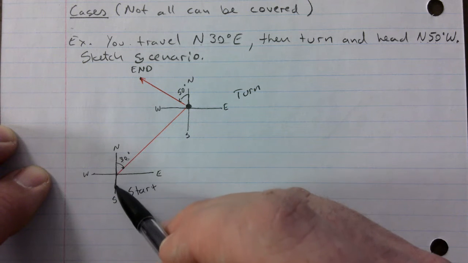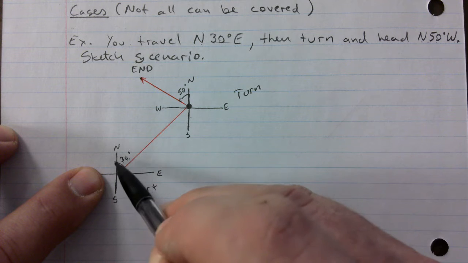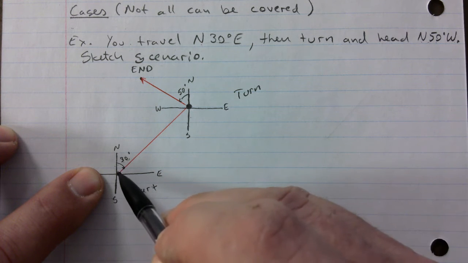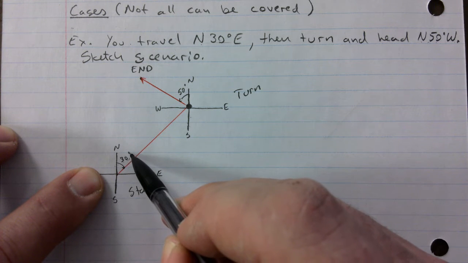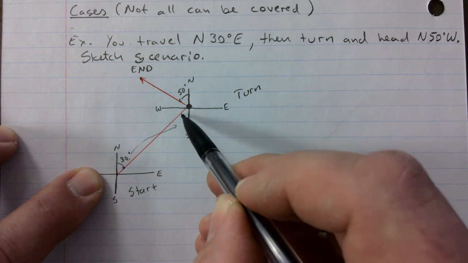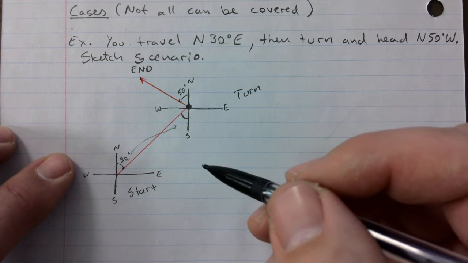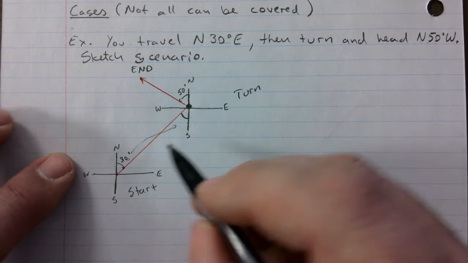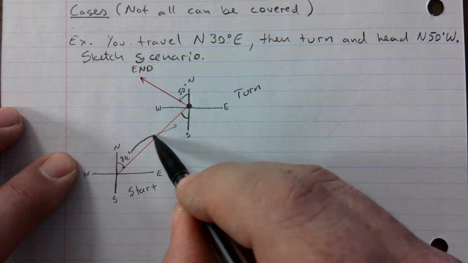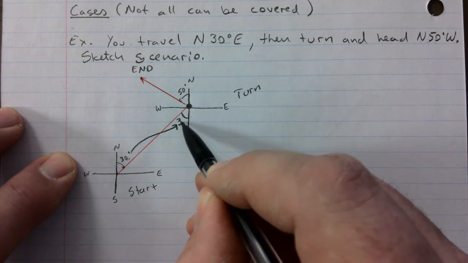The north and south lines here are parallel, right? I told you that. So what angle property, what name did we call the one that gets us this one here? Alternate interior, right? So make an arrow that goes into there, and you transfer that 30 onto here.